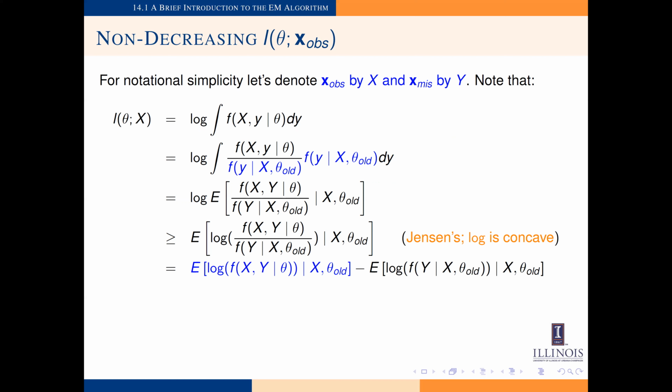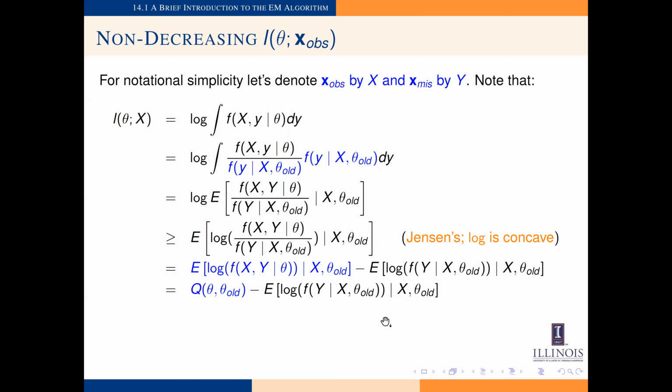And this is equal to, because this is the expectation of log of a ratio, the expectation of the log of the numerator conditioning on x and theta old minus the expectation of log of the denominator given x and theta old. And I hope this term at the beginning looks familiar to you because this is our old friend Q of theta and theta old. In other words, the conditional expectation given the observed data and theta old of the complete data log likelihood.